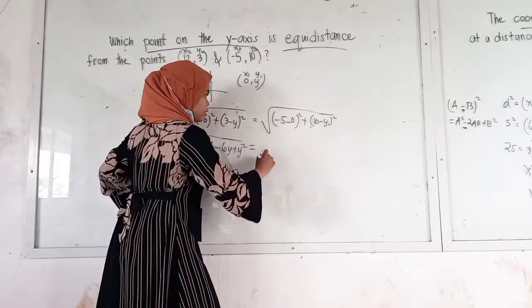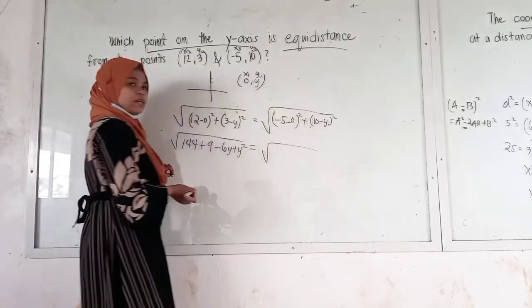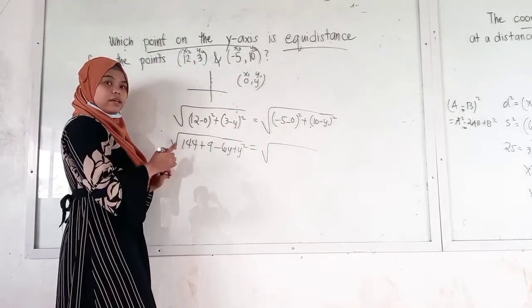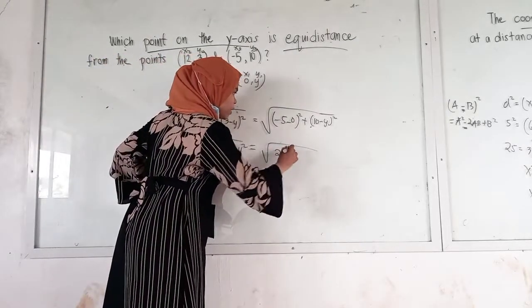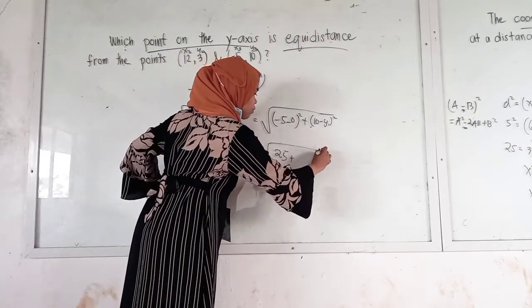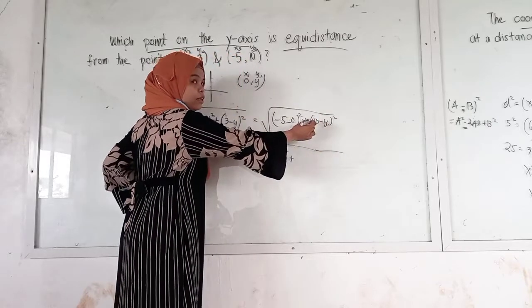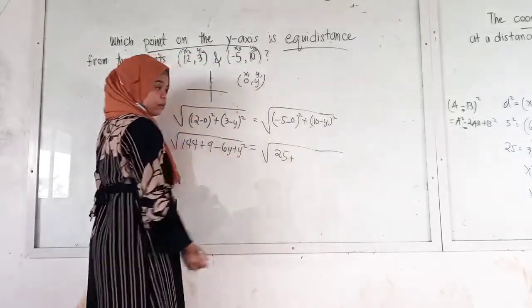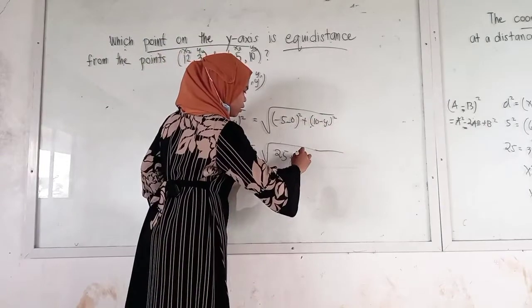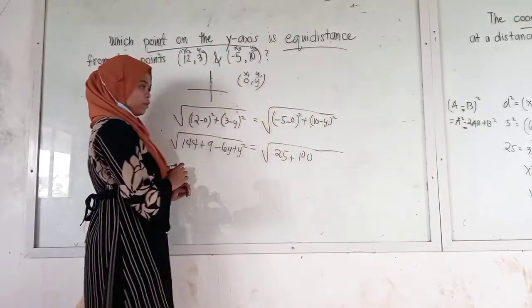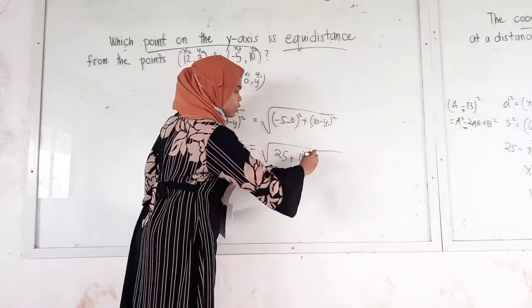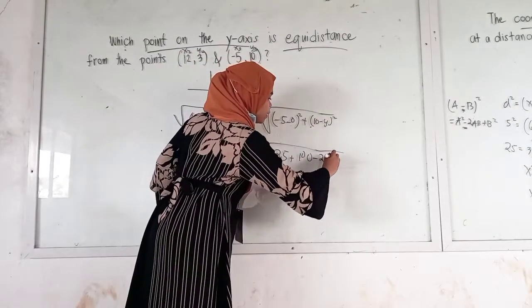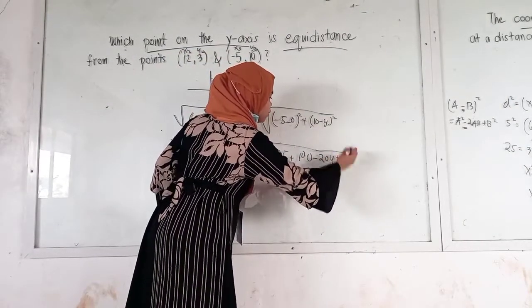And then this will be negative 5 minus 0, that is negative 5, quantity squared, that is 25. Tama? Plus, ito naman, that is 10 squared, that is 100, no? Tama? 100 minus 2 times 10, that is negative 20y plus y squared.